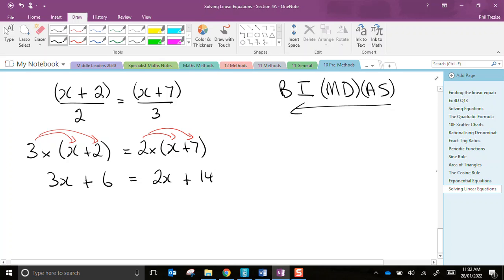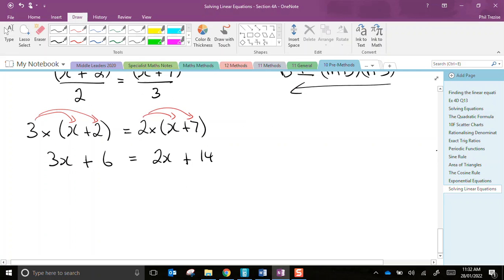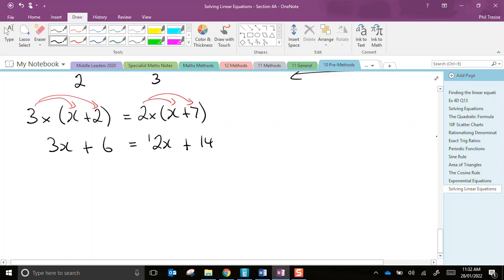Now I'm dealing with the additions instead of the multiplication. So 3 times is higher precedence than add. Remember this is a positive 2. If there's no sign there, it's automatically implied to be a positive number. So I'll leave the 3x where it is, I'll leave the equals where it is, I'll leave the positive number 14 where it is.